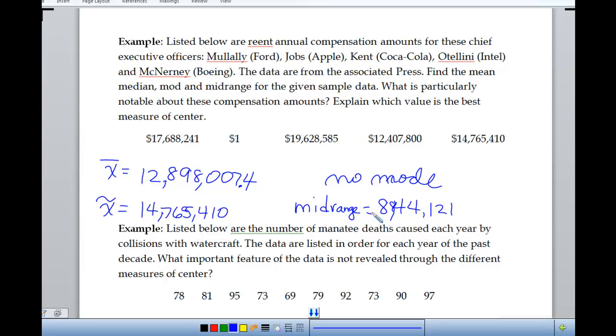Okay, very good. All right, so we've got these 4 different measures. And in this case, they're pretty different, right? Which can tell us something about the data, but we won't talk about that right now. Okay, what is particularly notable about these compensation amounts?